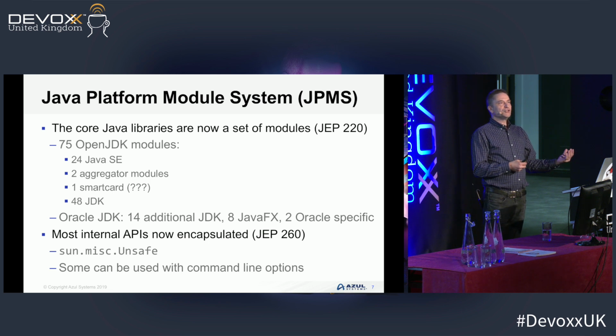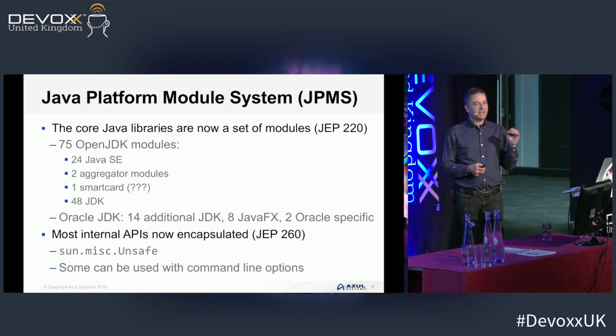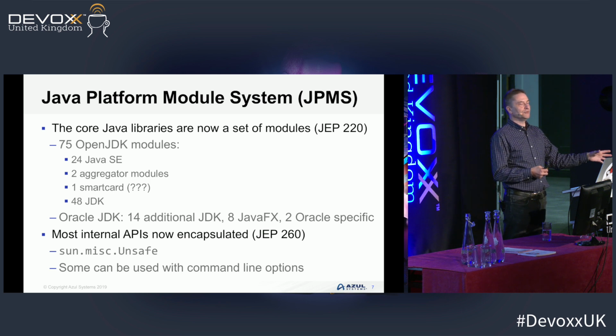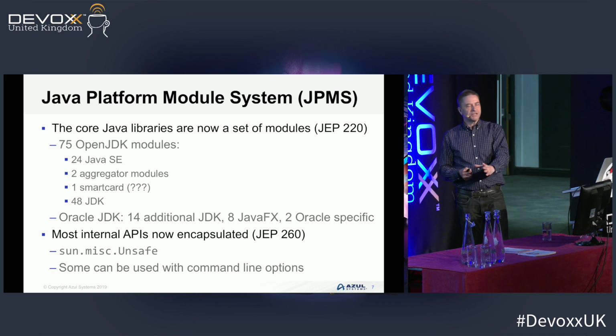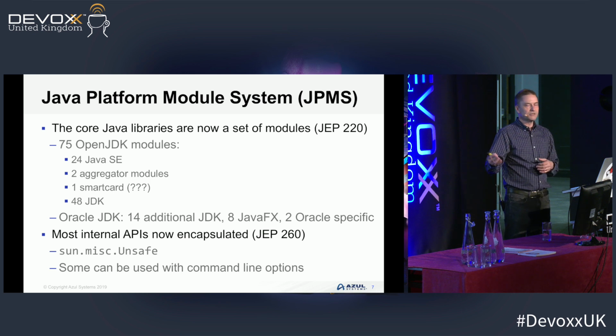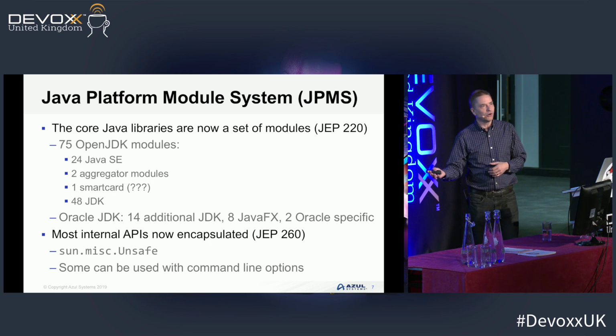Again, if you look at the history of Java, you go all the way back to JDK 1.0, what you would find is that there are 211 public classes in JDK 1.0. Move forward to JDK 8, and there's somewhere over 4,500 public classes. That's very good for us as developers, because we don't have to write our own ArrayList class, we don't have to write our own Semaphore class, and so on.